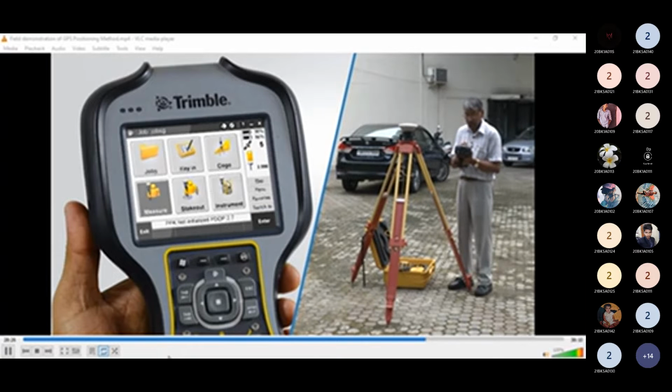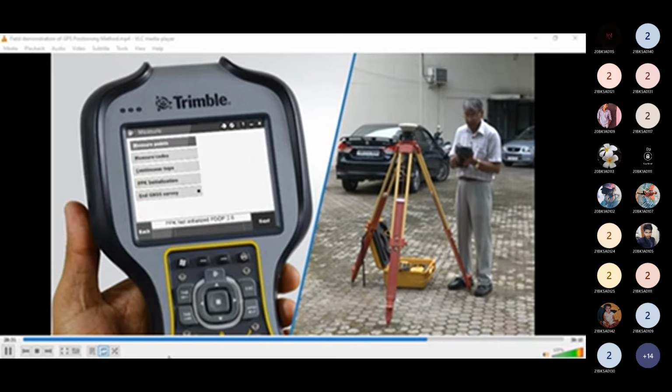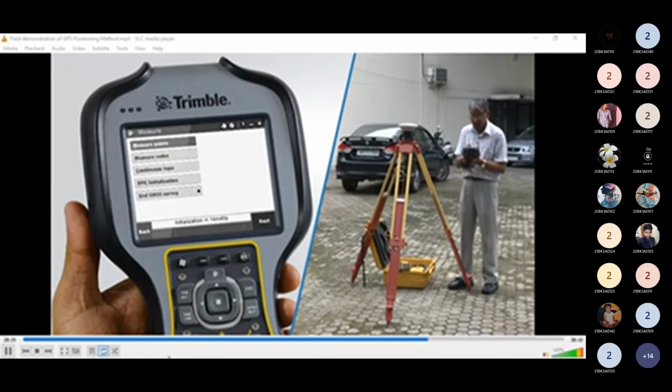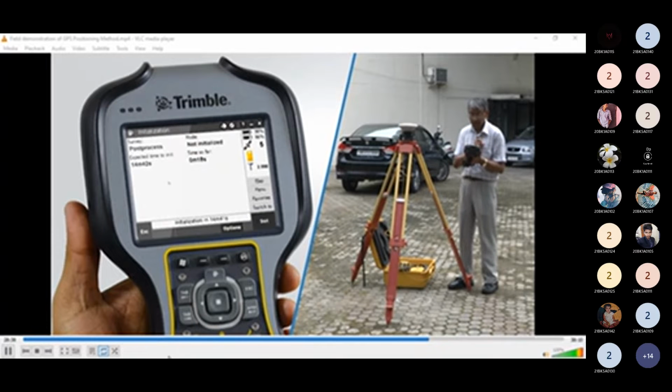After opening the job, we are now starting measurement. Before starting the measurement, we should go for initialization. So we are doing the initialization process in it. New point, we are taking a new point, start.